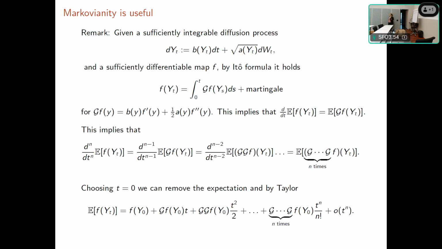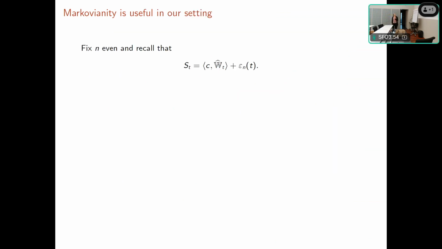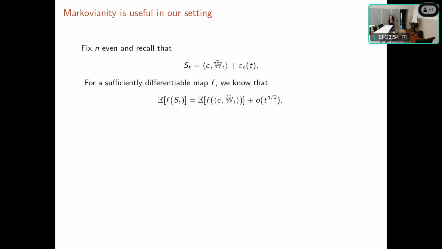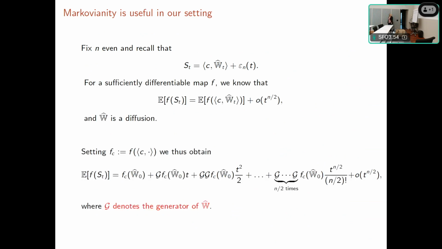Now we want to use it for our signature, which is the Markov process that we use to approximate the original one. So we are in this setting: we have a linear combination of the signature plus iterated integrals. If f is sufficiently nice, we get rid of the error term, and the signature is a diffusion.